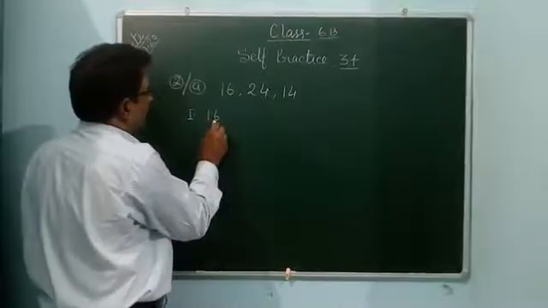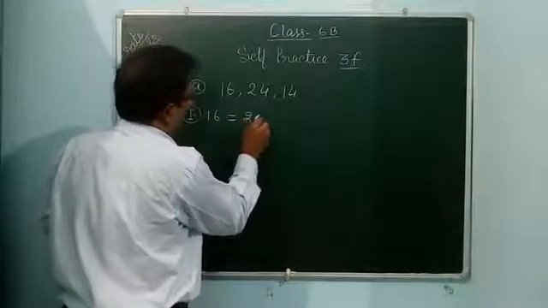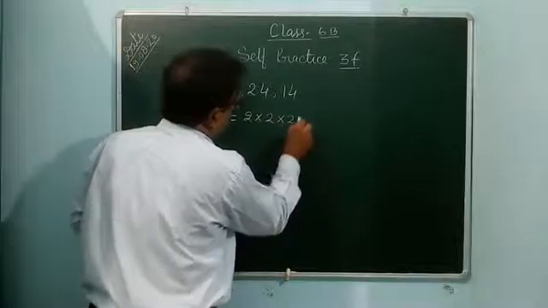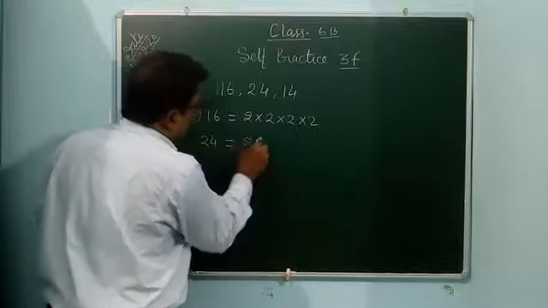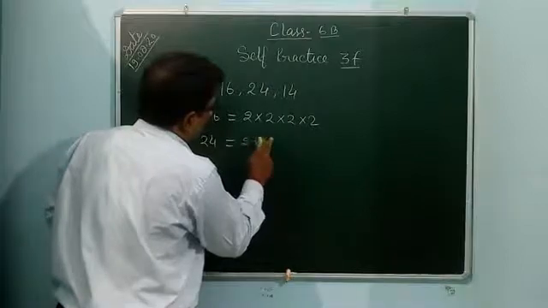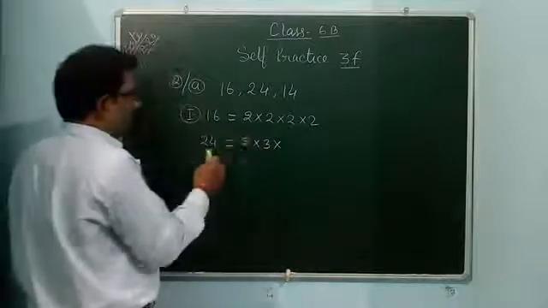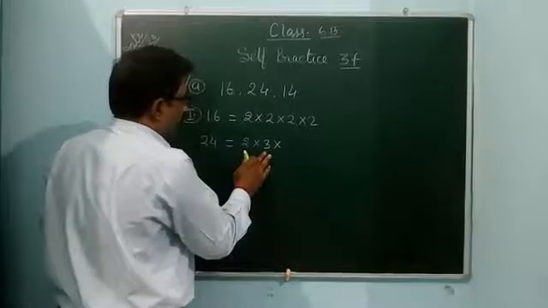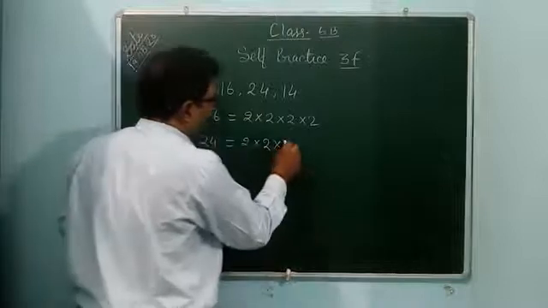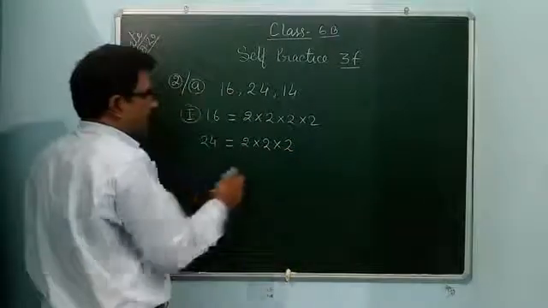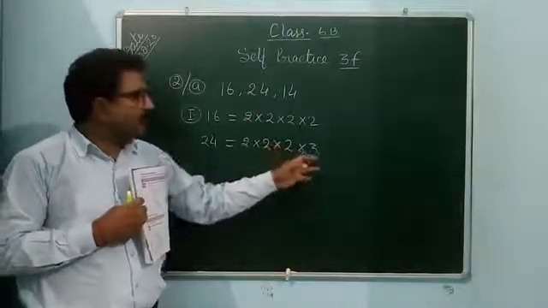For 16, first method: 16 is 2 times 2 times 2 times 2. For 24, it is 2 times 2 times 2 times 3.